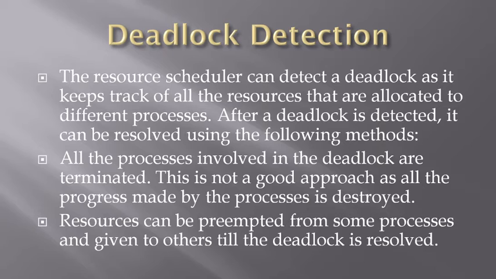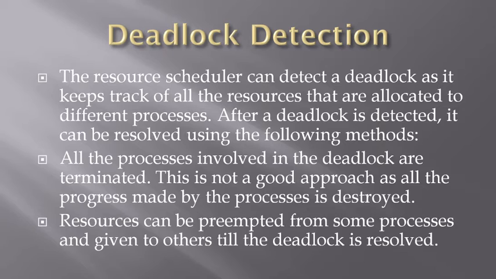The second approach is that resources can be preempted from some processes and given to others till the deadlock is resolved. That is, a resource is given to one process, and after its completion we allocate it to another process.